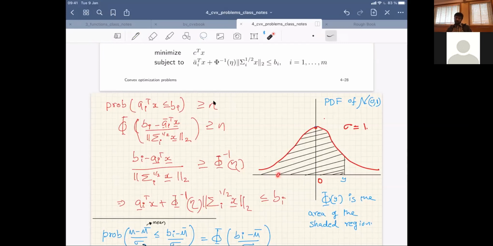See, what is the probability here? It's the area up to the point where we want to find the probability.